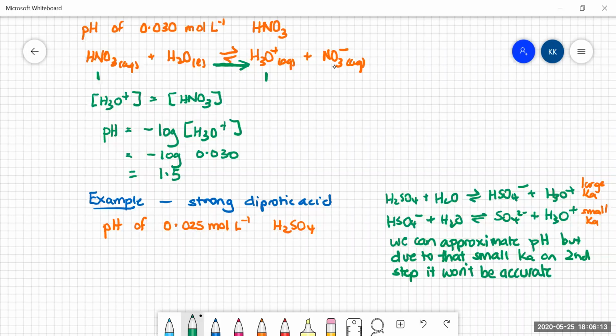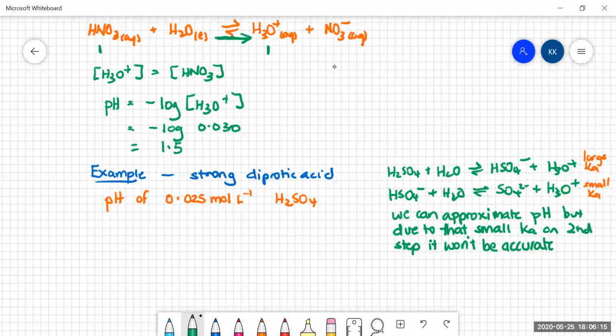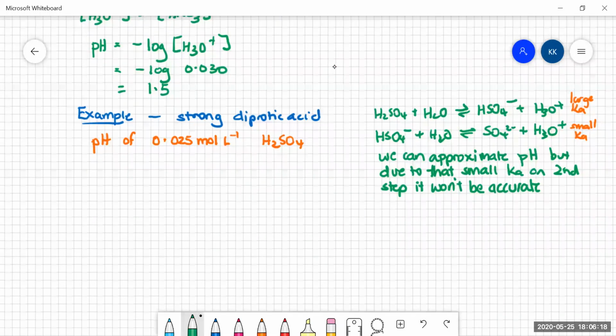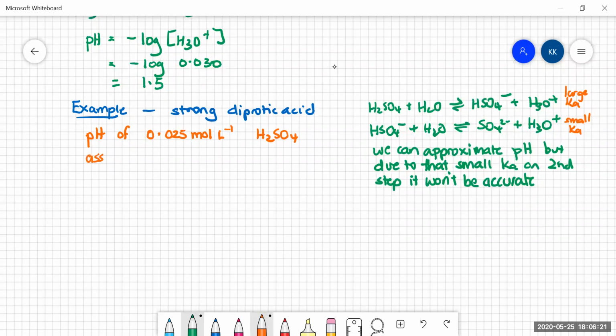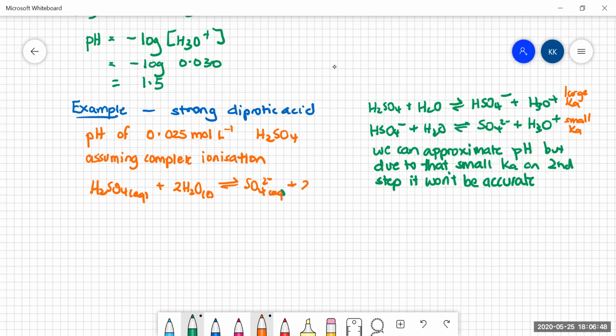So we'll continue as though we're assuming that both of those steps go to completion. If we assume complete ionization, then one sulfuric acid can react with two water molecules and you'll get two hydronium ions.